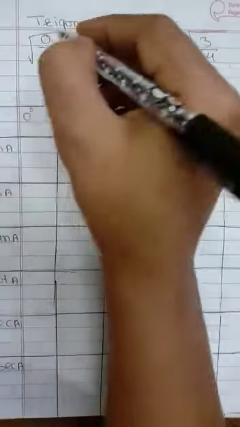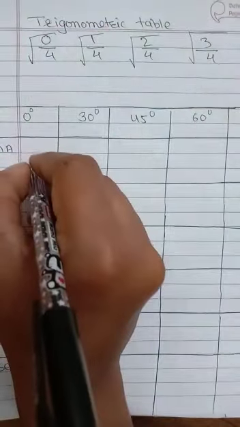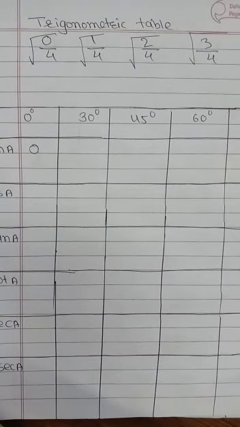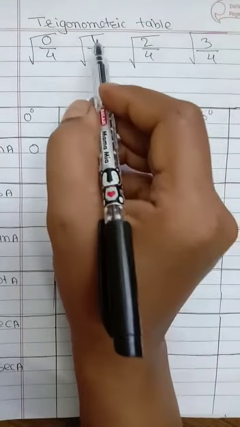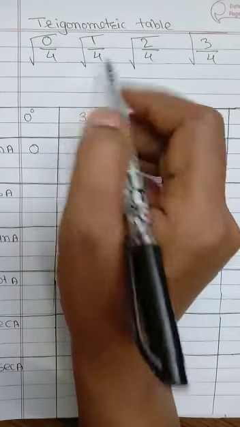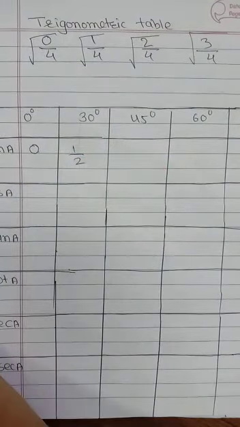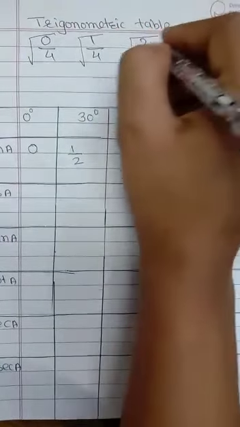See, we know 0 by 4 is 0. The square root of 0 is also 0. Here sine of 0 is 0. Now next, 1 by 4. The square root of 1 is 1. The square root of 4 is 2. Hence for this we can write 1 by 2. Now here 2 ones are 2, 2 twos are 4.